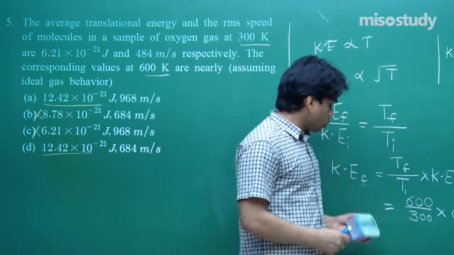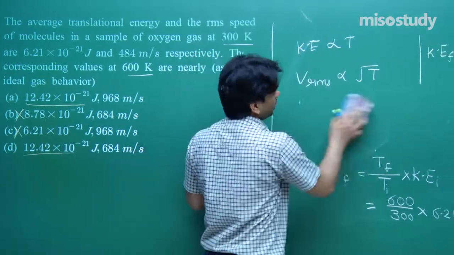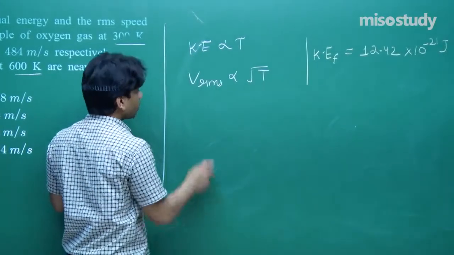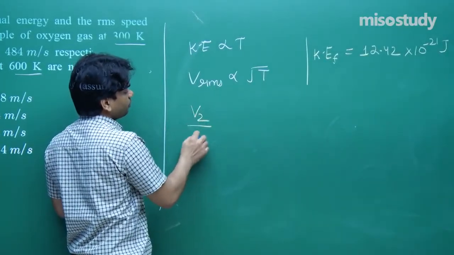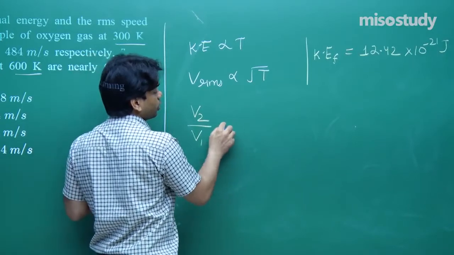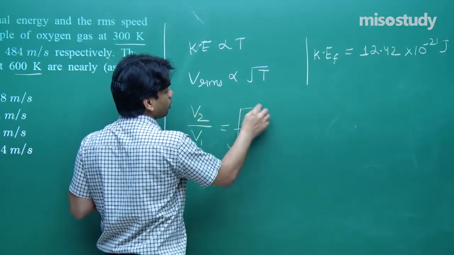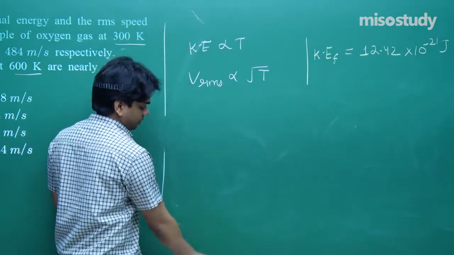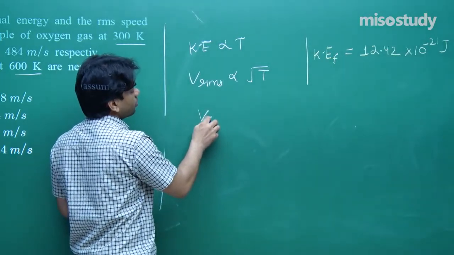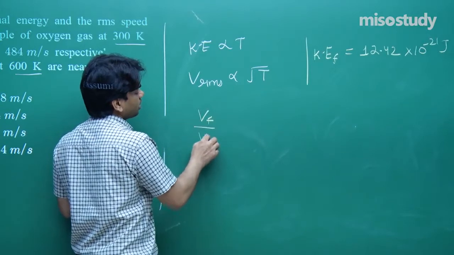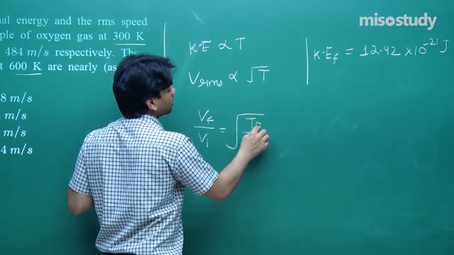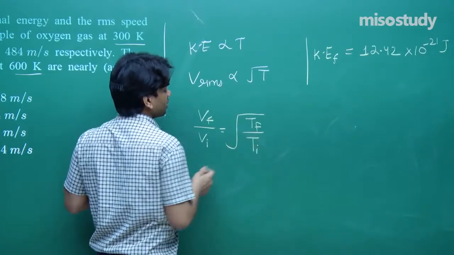Now I also told you about how root mean square speed is related to temperature. So we can say that V2 by V1 will be equal to under root of TF and TI. F and I stand for final and initial, so the final RMS speed upon the initial RMS speed is equal to the square root of the final temperature divided by the initial temperature.